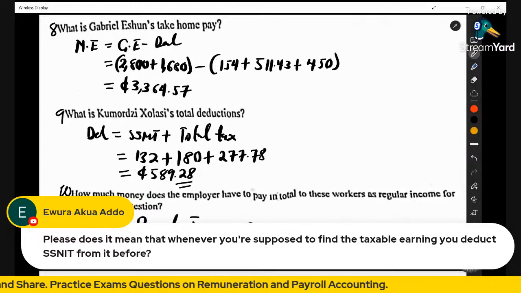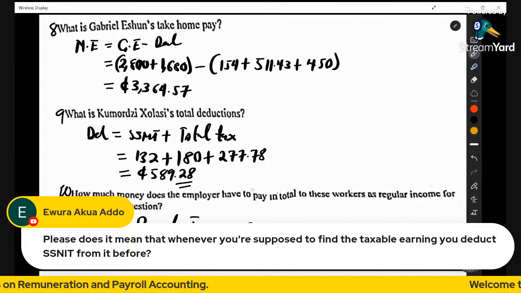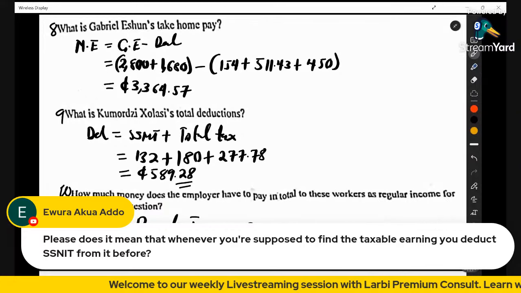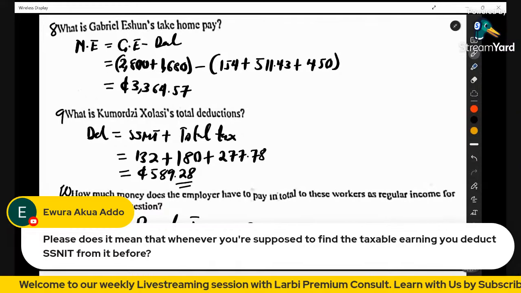And at times, a situation arises where we are calculating our SNET contribution on basic earning because there are other incomes that are non-taxable, right? If it is non-taxable, it means you can't calculate tax on that income.